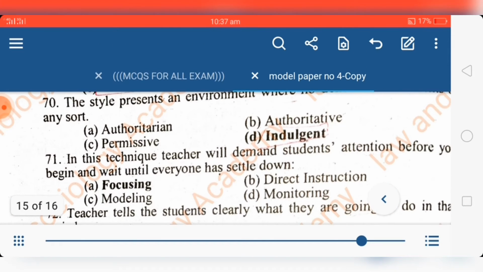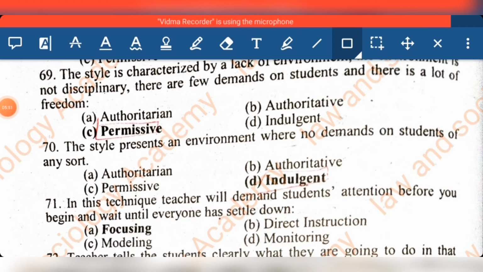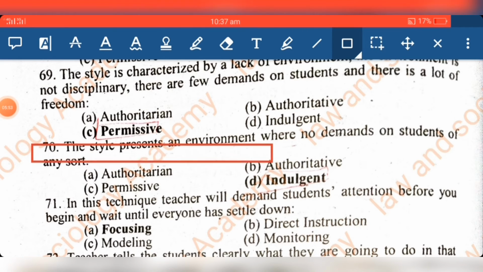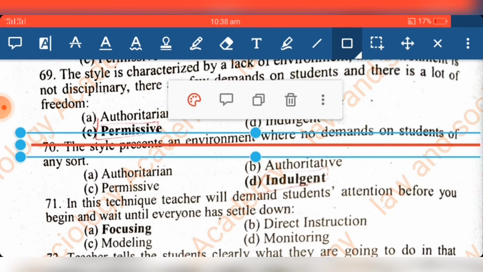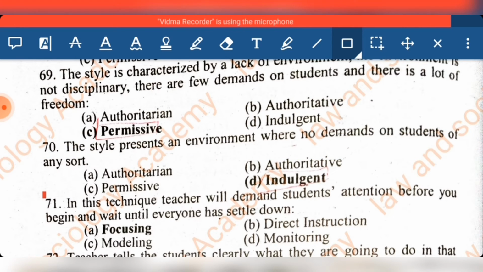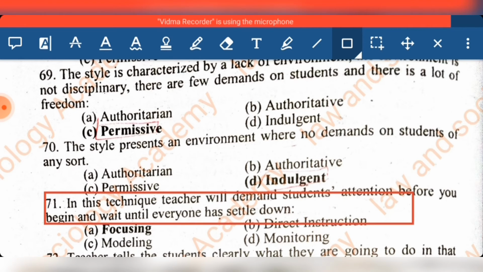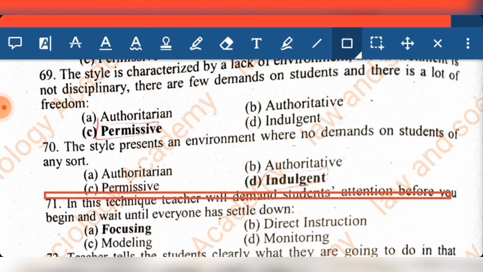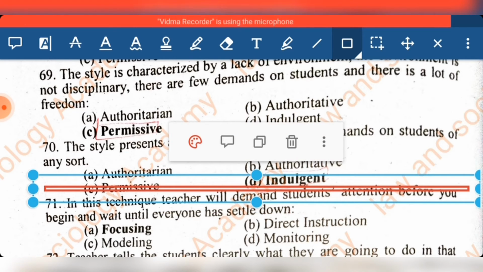Let's move to the next one. And the style presents an environment where no demands are made on students of any sort. Indulgent. And in this technique teachers demand students' attention before they begin and wait until everyone has settled down.